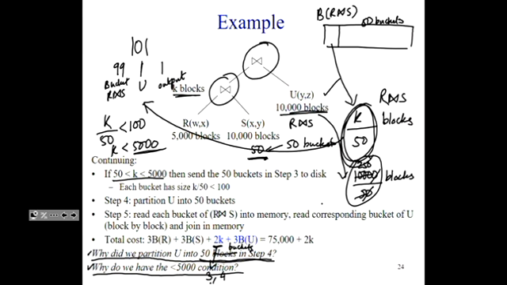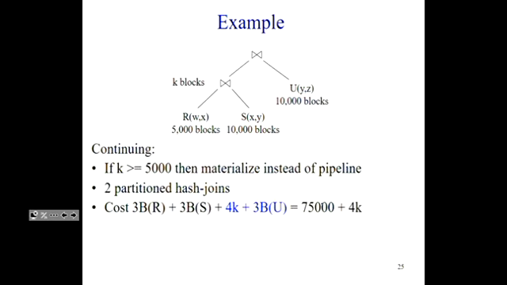Okay? So this is just because I want, for the second step of the two-pass partition hash join, when I'm joining R join with S with U, a bucket of R join with S to fit in memory at a time so that I can then cycle through the blocks of U. Okay, then the final one is if K is greater than 5,000, then I have no choice but to materialize the results of these.